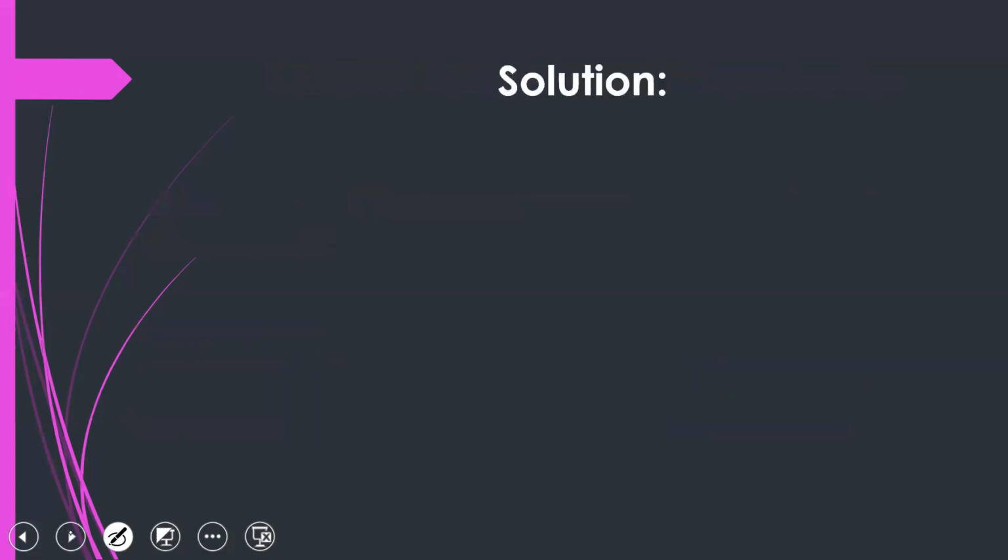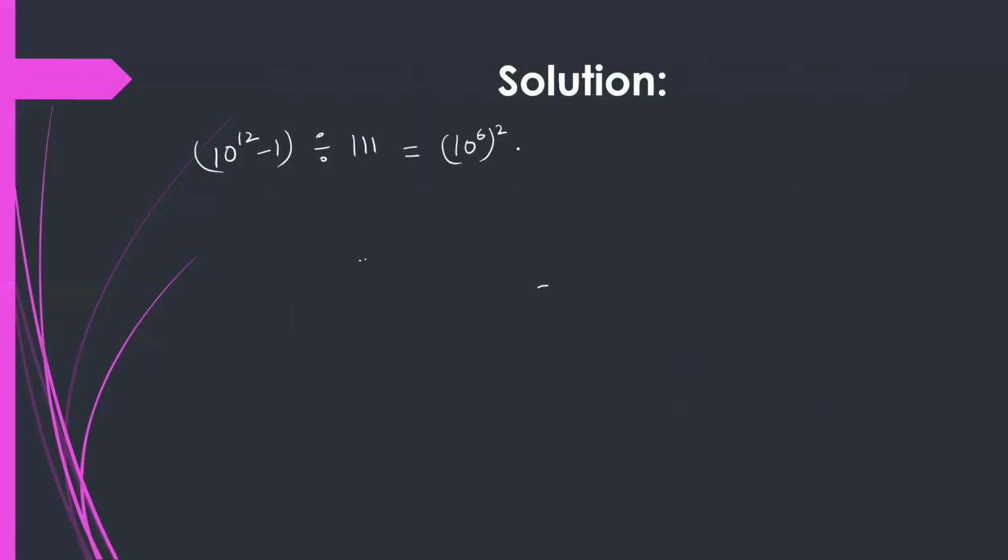Let's solve the problem. As per the question, we are provided with 10 to the power 12 minus 1 divided by 111, which can further be written as 10 to the power 6 to the power 2 minus 1, which can further be written as 10 to the power 6 minus 1, 10 to the power 6 plus 1.